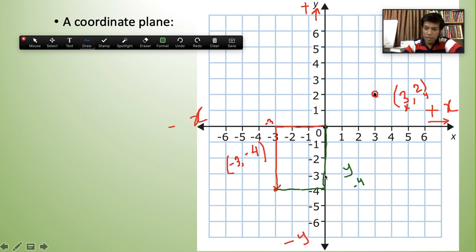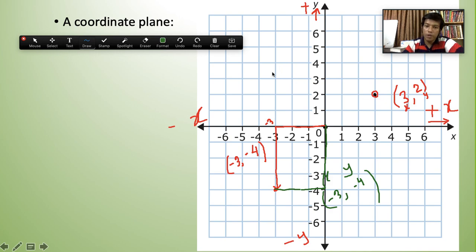So x value is negative 3. So basically, this one and this one are the same thing. It doesn't matter in which direction you go to that point, you will get the same thing there. So this is how we denote some point on the coordinate axis.